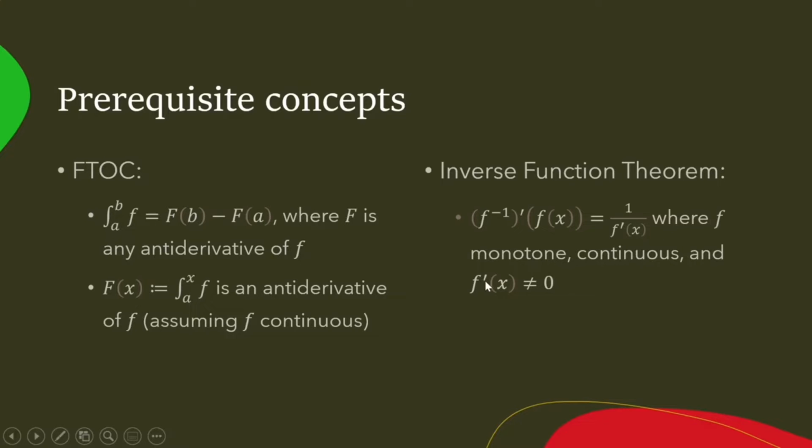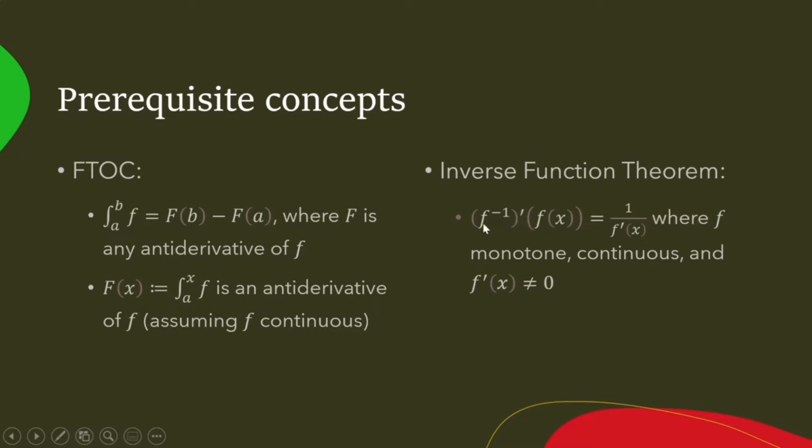So if we know what f prime evaluated at a point x is, then we can immediately infer what the derivative of the inverse function evaluated at the image of x under f is, without actually having to do any excessive calculations.